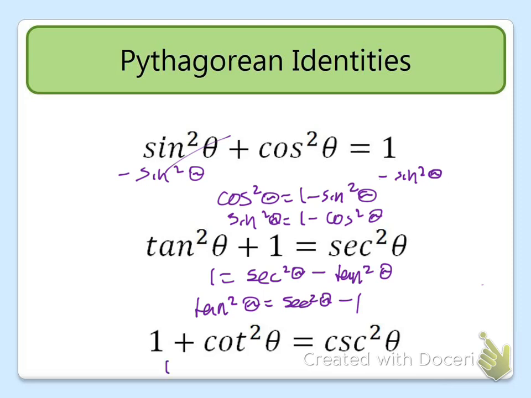If I subtract cotangent squared from both sides, then 1 would be equal to cosecant squared theta minus cotangent squared theta. Or subtract 1 from both sides, and cotangent squared theta would be equal to cosecant squared theta minus 1. And we can use these to replace things.